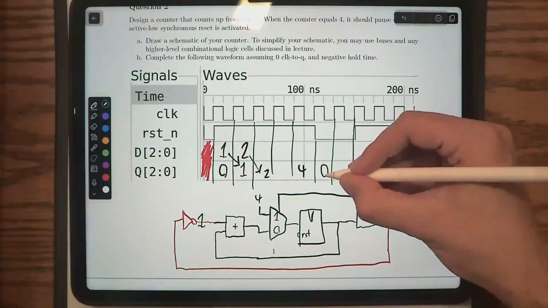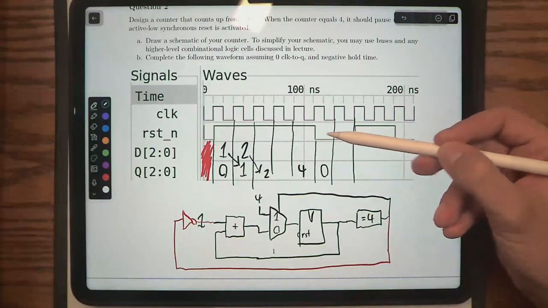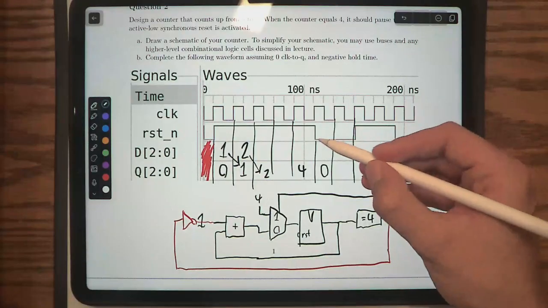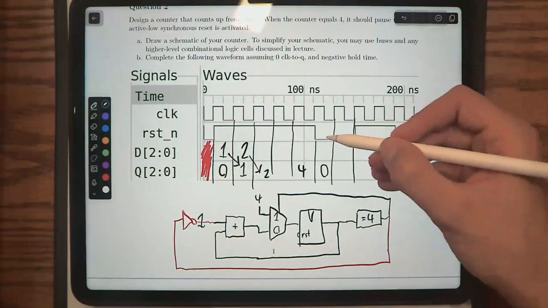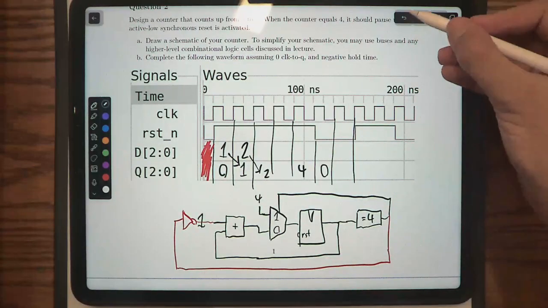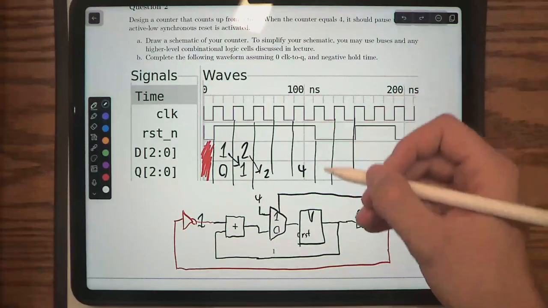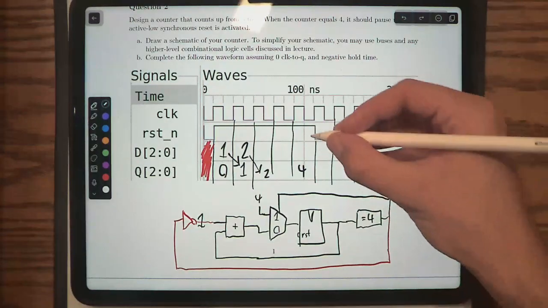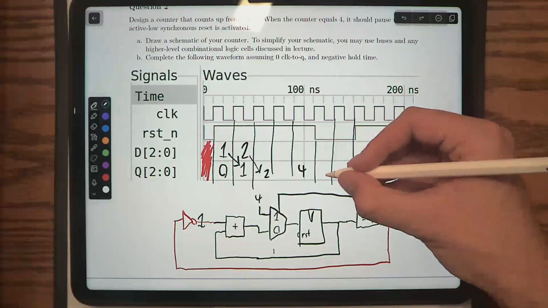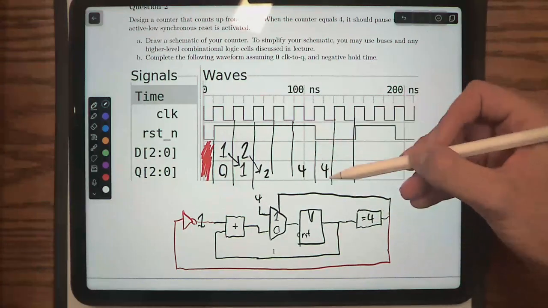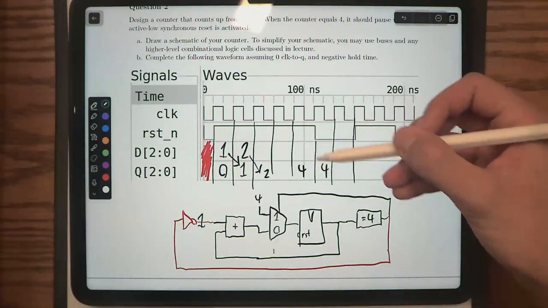If we reset right here, look, our reset only became active exactly on this point. So it didn't know about the previous cycle, because it samples from the previous cycle. On the previous cycle, it looks like reset was not activated, so we will not have a reset there.